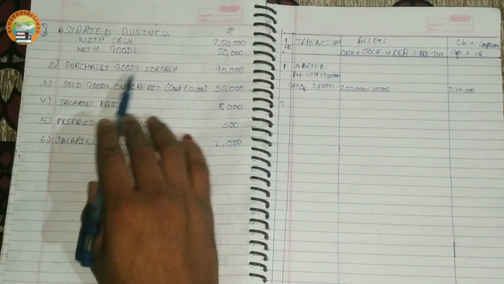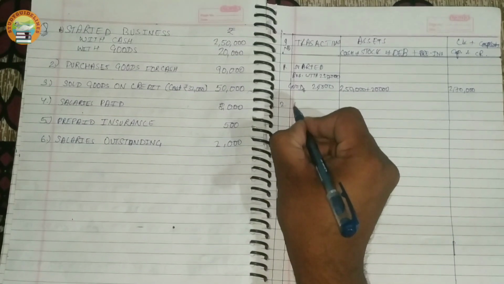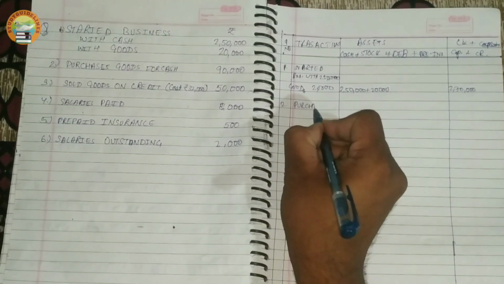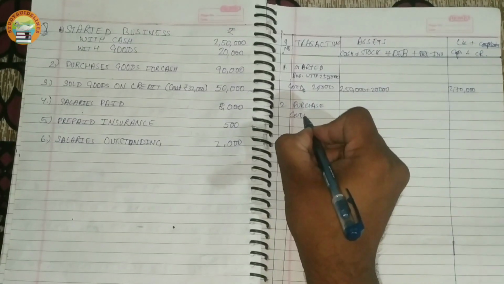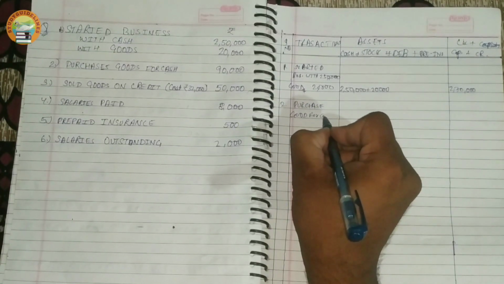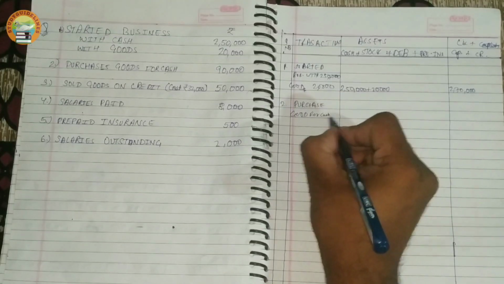Second, purchased goods for cash 90,000.